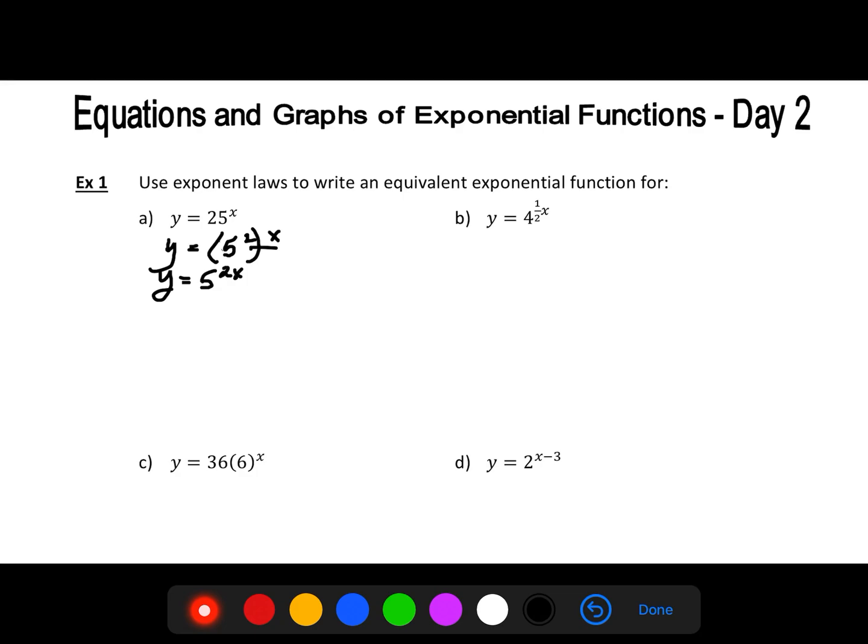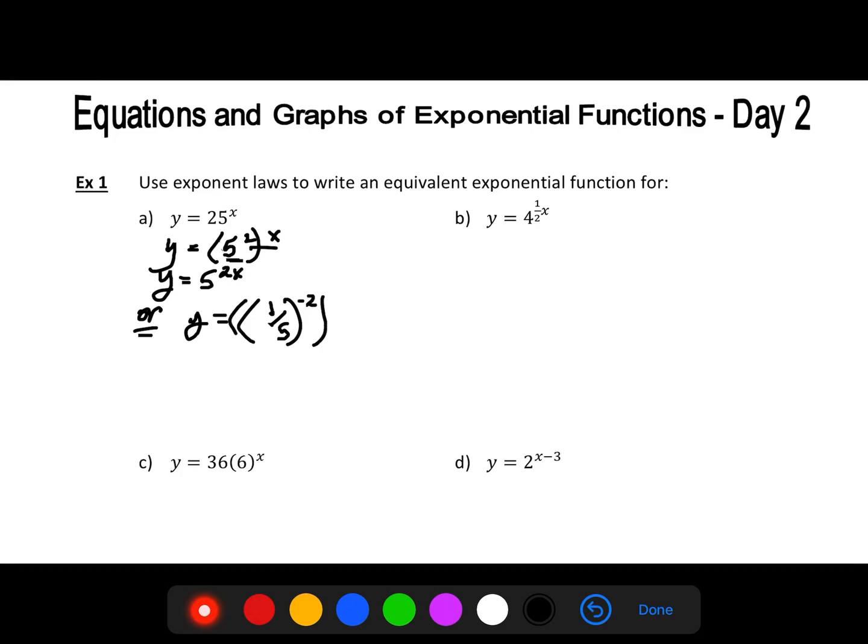We could also use this to rewrite 25 as a negative exponent. So what we could do as well is write 5 squared, which we know is here, as 1/5 to the power of -2.